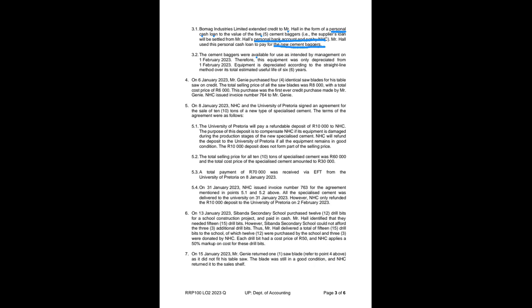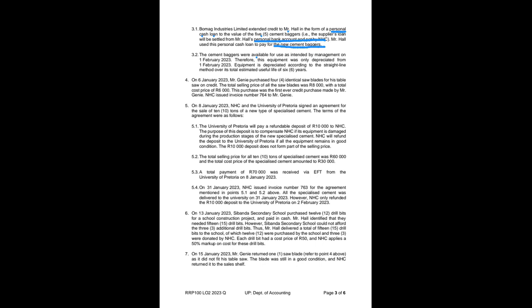Very similarly to when an owner takes his personal money and gives it to the business, it's called a capital contribution. In the same way, when an owner takes his personal equipment or a personal asset and gives it to the business, it is a capital contribution.